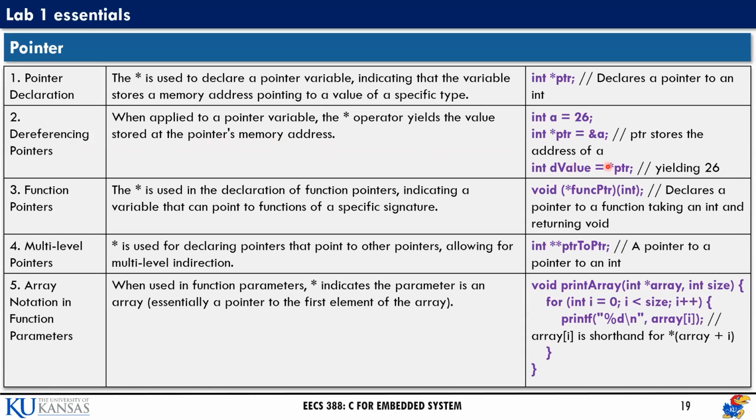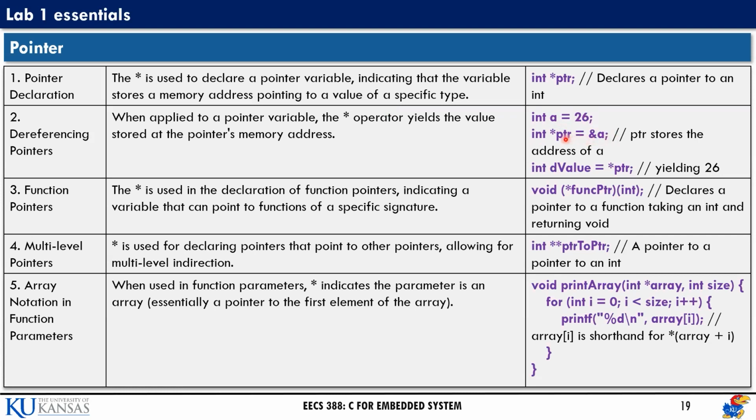Okay, so this might sound confusing. So let's go through this snippet of the code. It will help you to understand the pointer declaration and the pointer dereferencing. So here you can see we declared a variable a as an integer, and this variable a is holding the value 26.